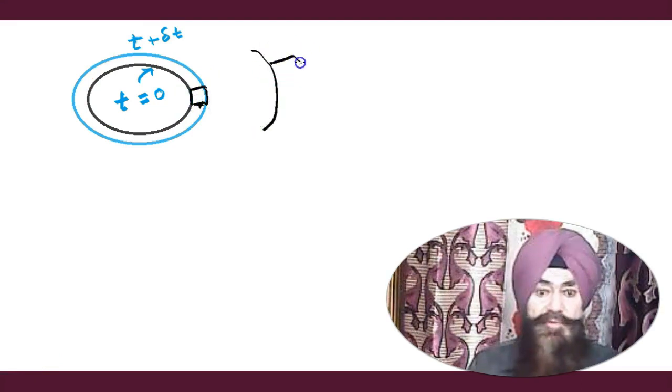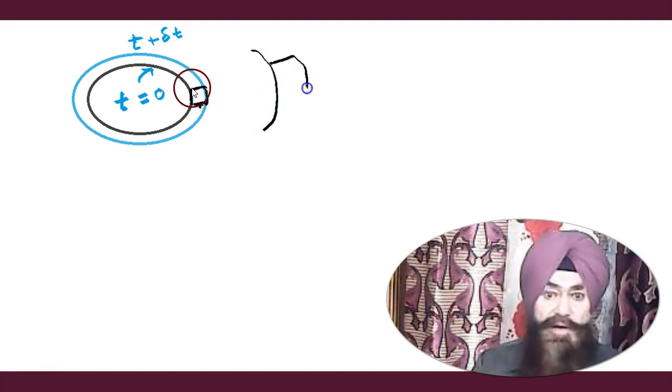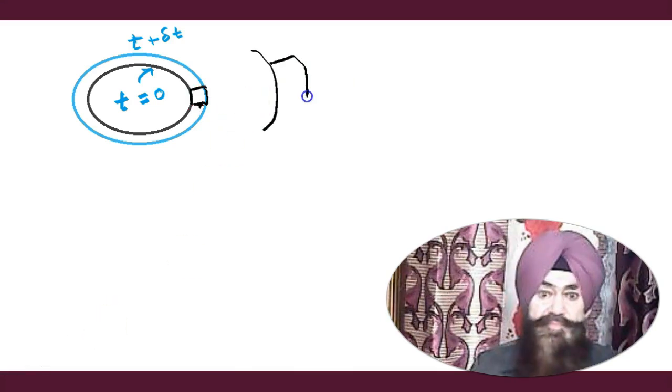So I have shown an element in the space where the volume of the phase space is increased, a small element, and I drew this element here. So this is the element.